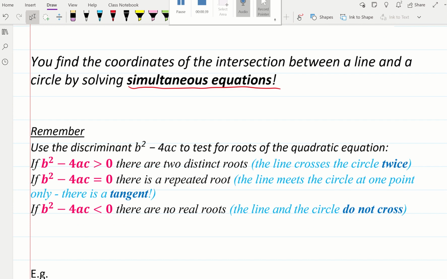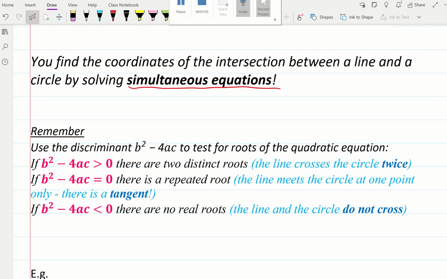Now, one of the things to remember is how we show that the line and the circle meet: by using the discriminant. So it's b squared minus 4ac. When b squared minus 4ac is bigger than 0, when it gives us a positive value, there are two distinct roots. The line crosses the circle twice.